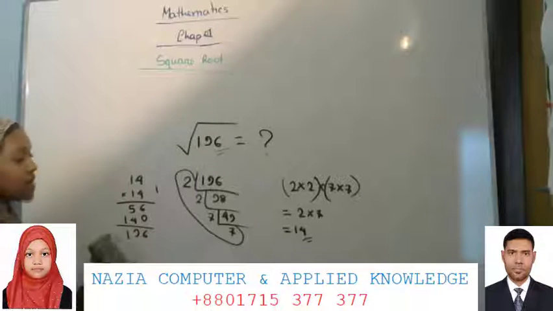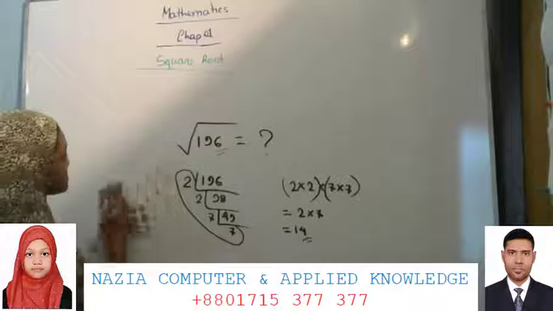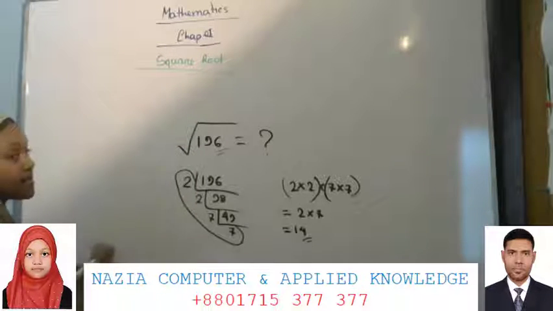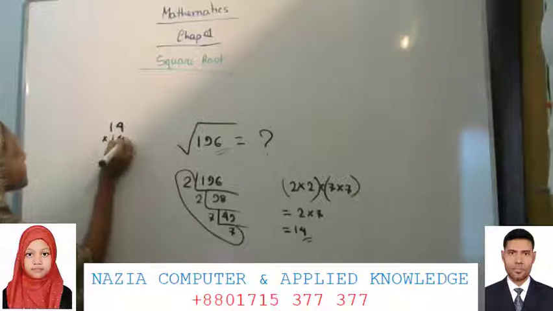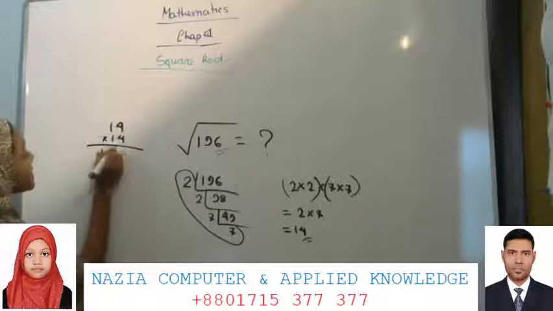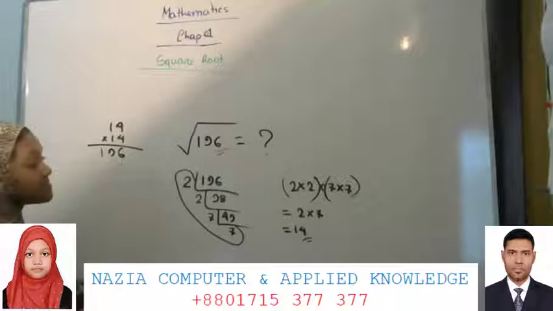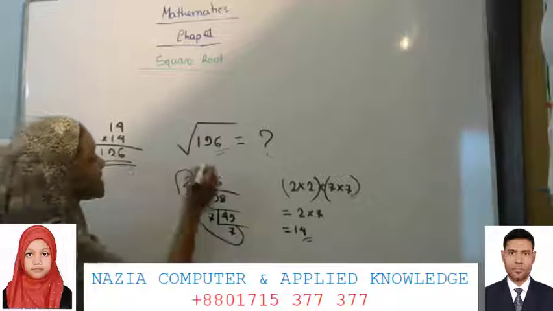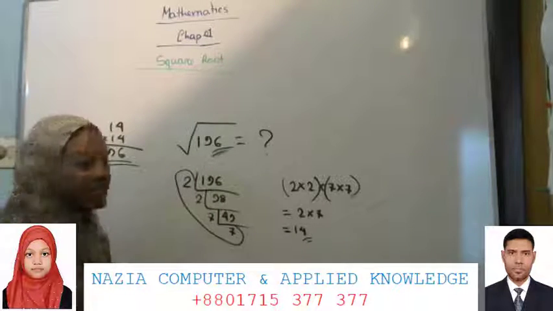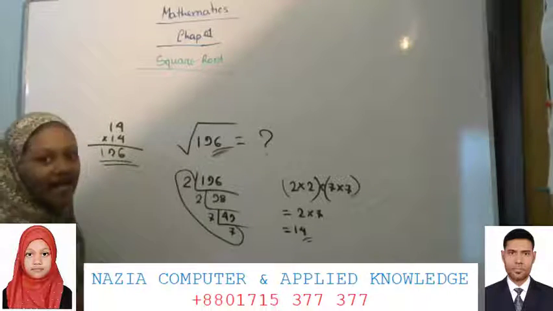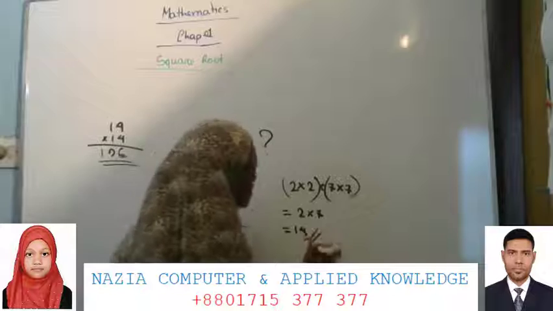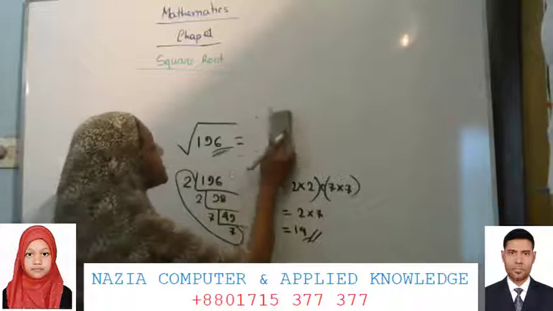Can you see it? 196. So what have I done? 14 into 14. What is the result? 196. Look, 196. It has matched, right? So the answer is correct. So 14 is the answer.